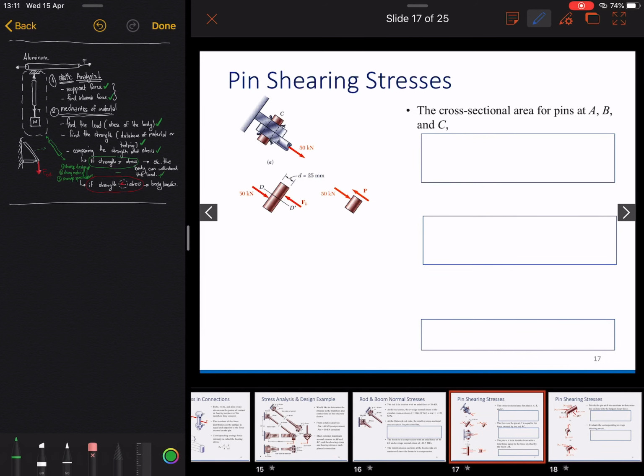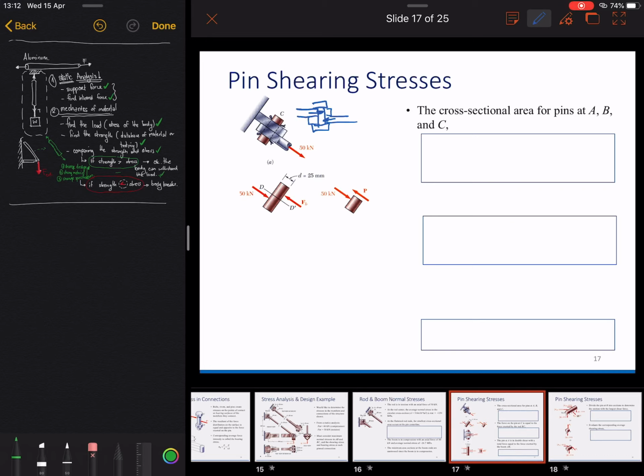Right, then next is the pin stress. Let's have a look at the cross-section area of the pins. We would like to find the shear stress. You remember when we have a pin like this and we have two objects, this will get shear stress on the pin, for example.